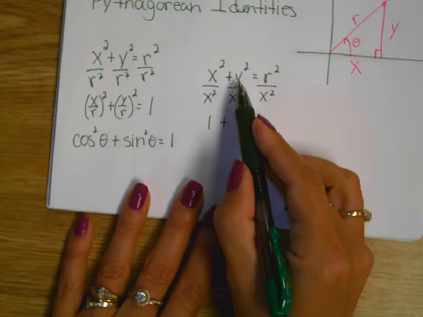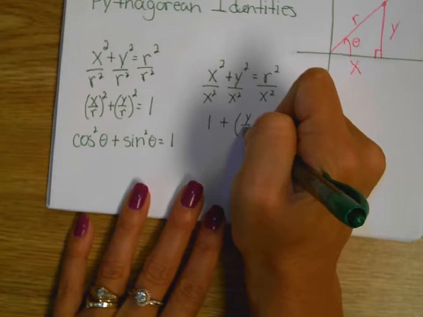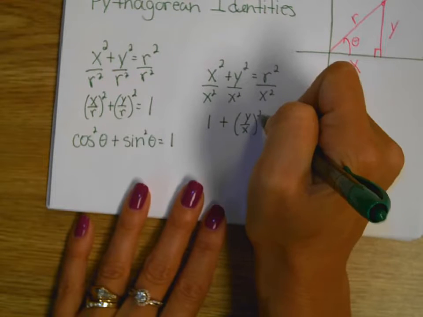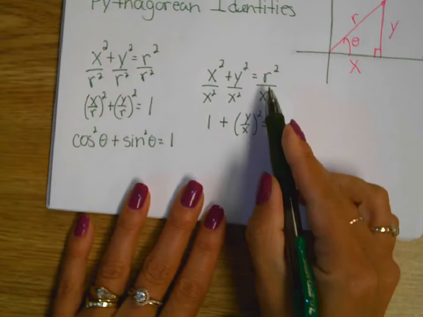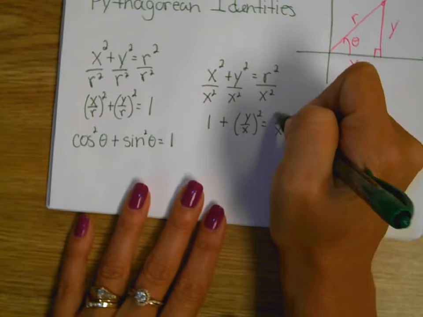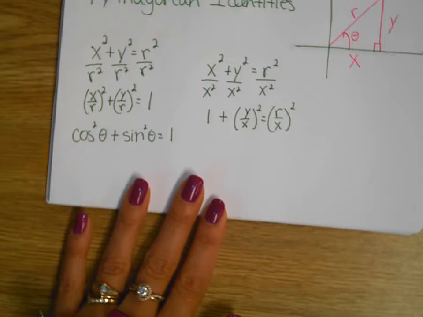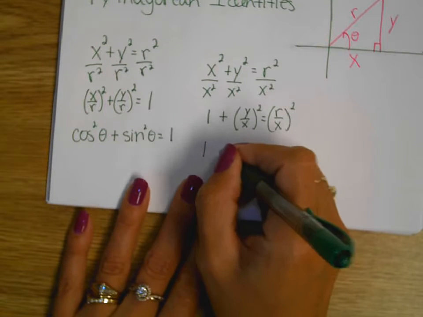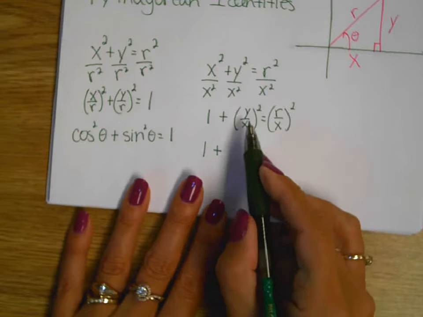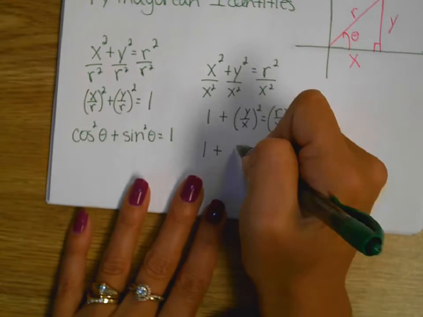Now we'll break this apart into y over x squared. That's one of our trig functions. And then this one becomes r over x squared. So let's see what we got here. 1 plus, which trig function, Adam? That's tangent.